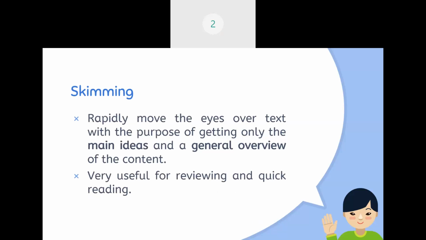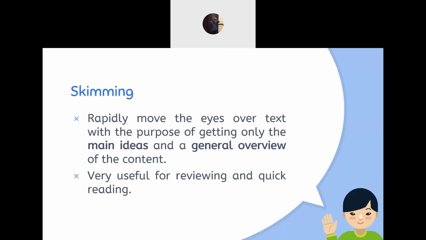Sometimes it's not only for secondary school. When you go to university or college, when you read something and they want you to summarize it, or you are asked to give a review on a book that you read, you need to use skimming.